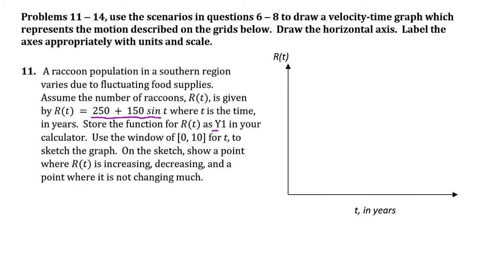So this is going to be talking about our calculator, and so we don't really necessarily have to store all of this, but we do need to pay attention that we're going to use the window from 0 to 10, and we're going to sketch the graph that we see, and then we are going to look at our increasing and decreasing intervals, and maybe a place where we might not be changing.